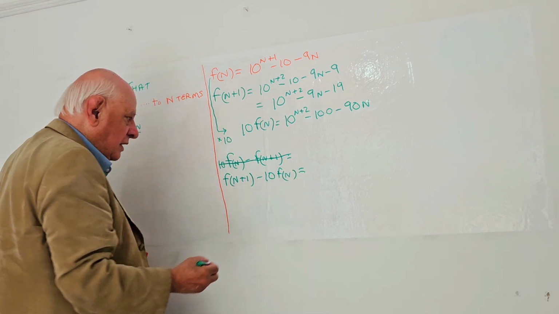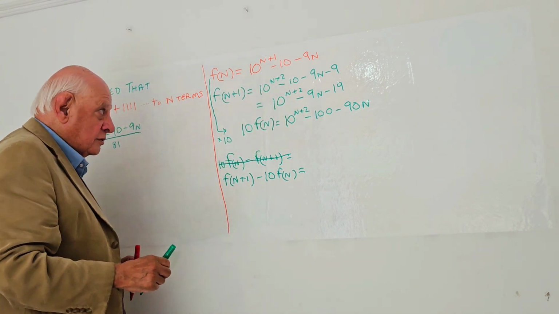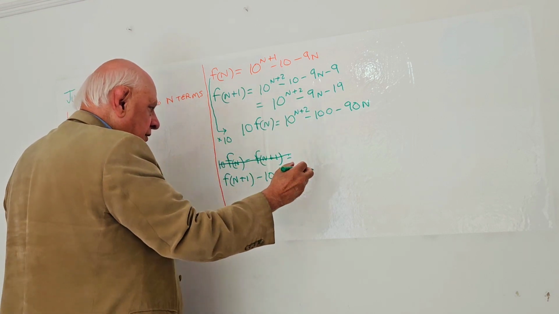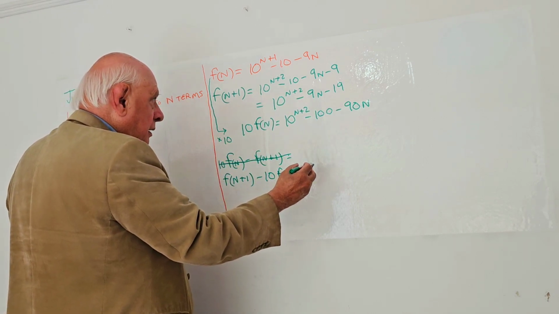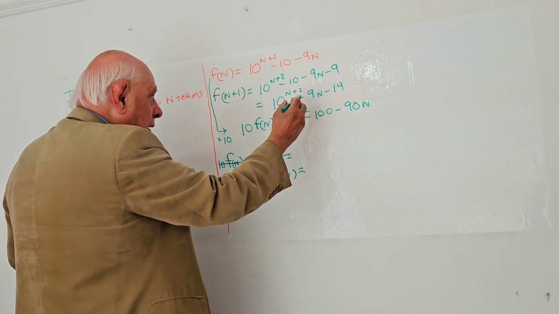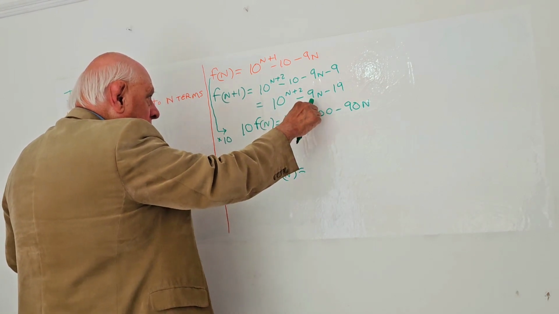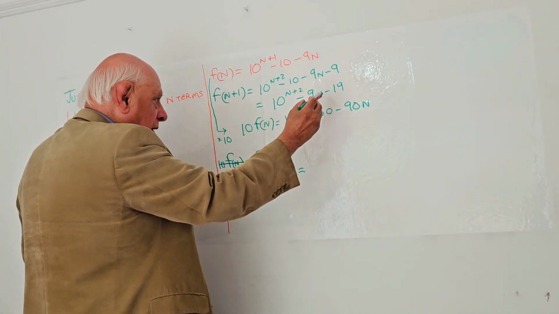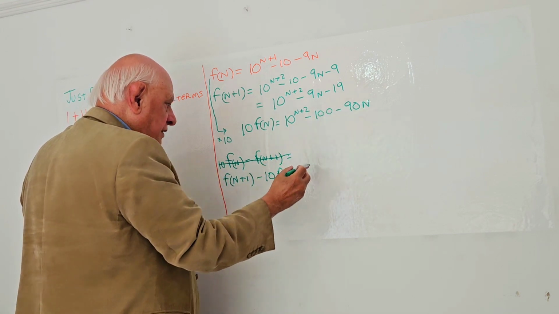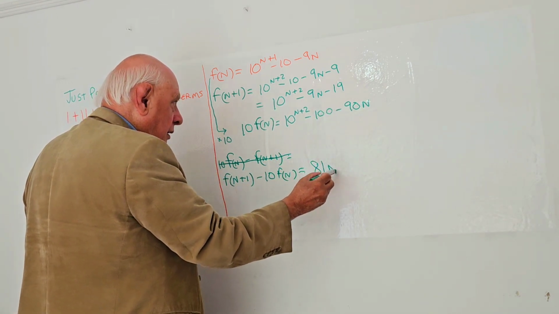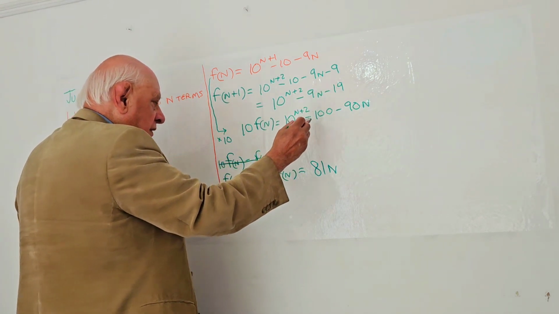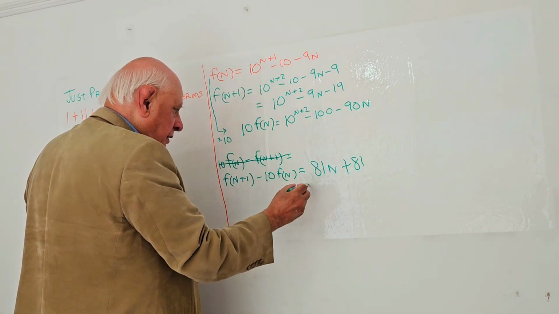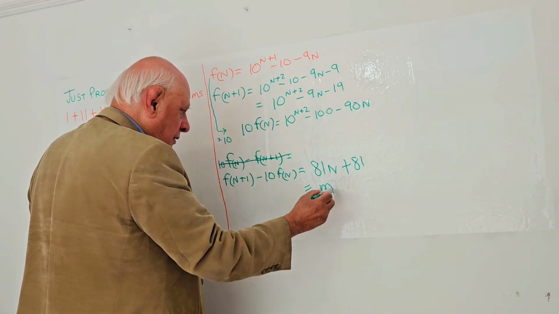What will that give us? Well, the 10 to the power n plus 2 terms will disappear. Then 9n minus 90n will be minus 81n, and minus 19 minus minus 100 will be plus 81, which you can see is divisible by 81, very obviously.